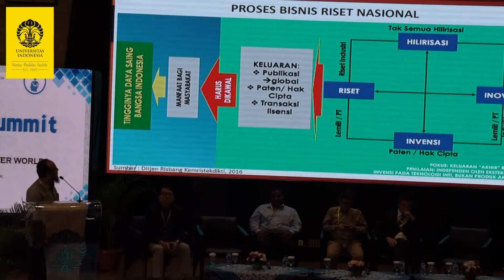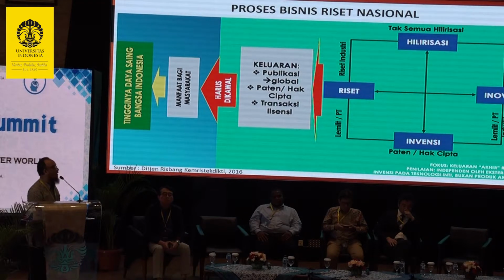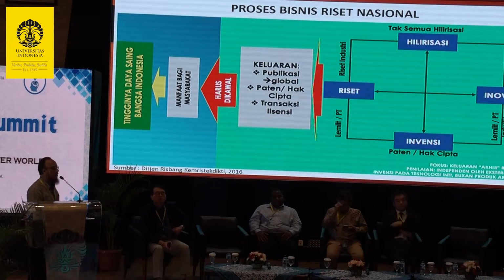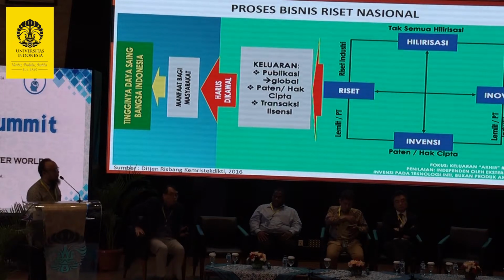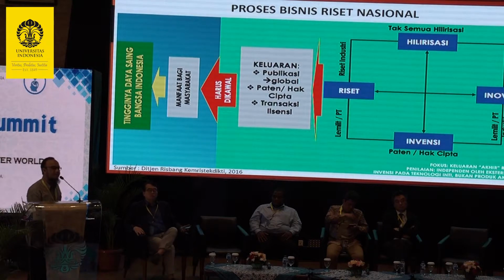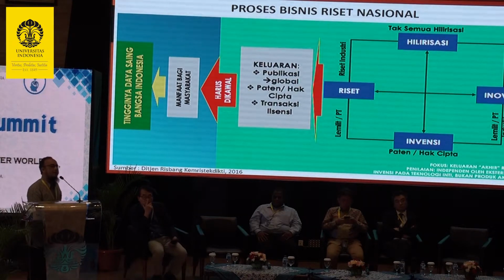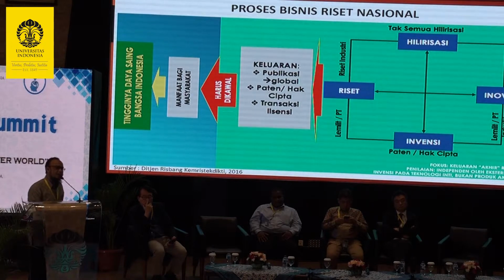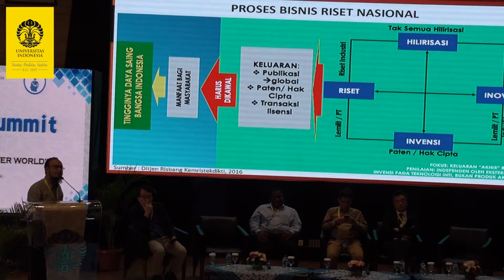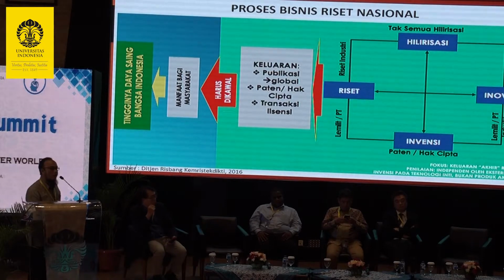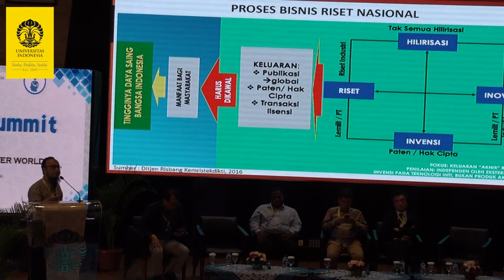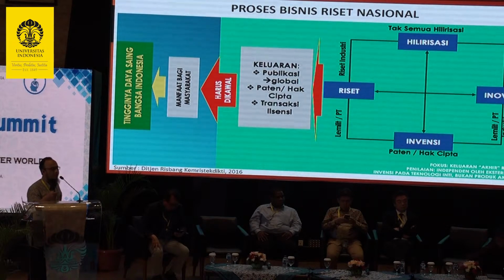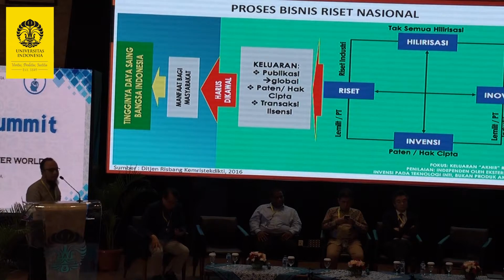If we look at this, this is the common business of research in Indonesia. We have the research and innovations, and after that the products of the research and innovation are patents or copyrights. Not all can be commercialized, but we try to commercialize all our research or innovations. So how do we apply our research to be good for our society?